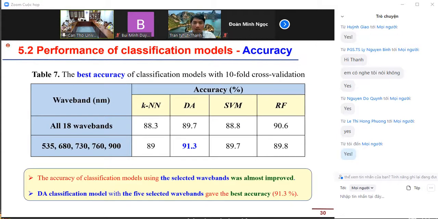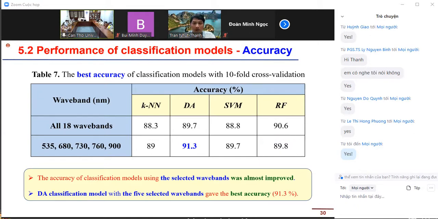From this table, all models show good results with accuracy higher than 85%, and comparing to models using all 18 wavebands, the accuracy of models using selected wavebands almost all improved, except in the case of the random forest model. This result demonstrated the effectiveness of waveband selection algorithms.